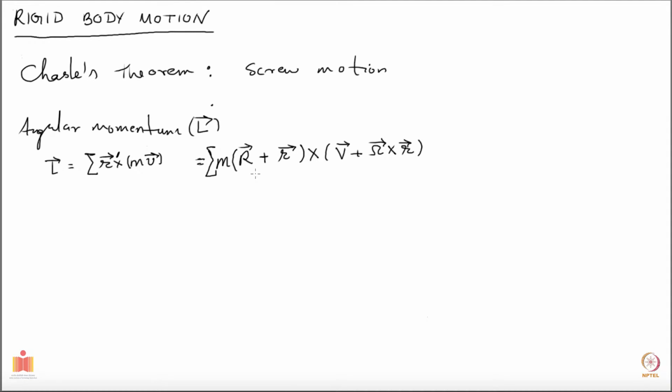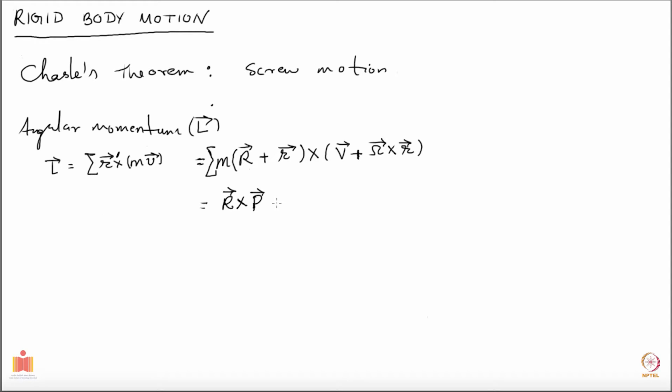Now this will give you 4 terms, because there are 2 times 2, and I can write them down. The first one is R cross V. Neither capital R nor capital V depends on the label I. The only quantity in that product which depends on I will be m. So you get R cross V times the total mass, which is the momentum of the center of mass, the momentum of this body as a whole.